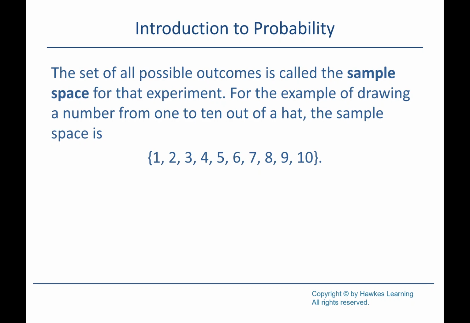Okay. And the way we write these down should look familiar. We put them between two curly brackets and separate each one with a comma. That's like a set. And we write it like a set. Okay. We'll call our probability space, our sample space, sorry.